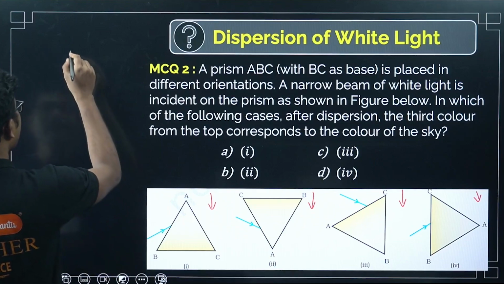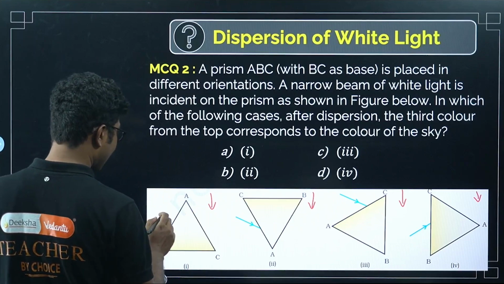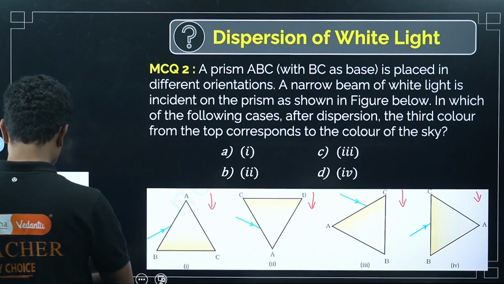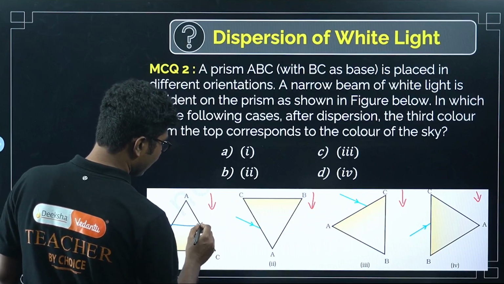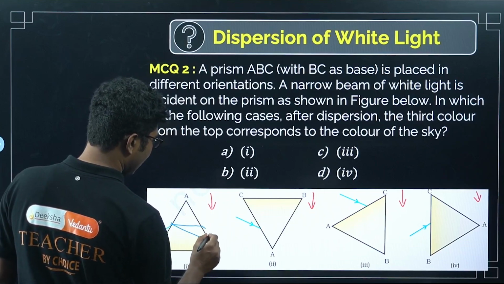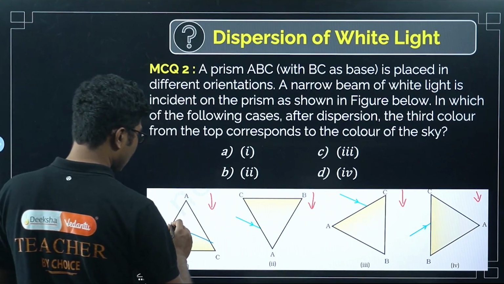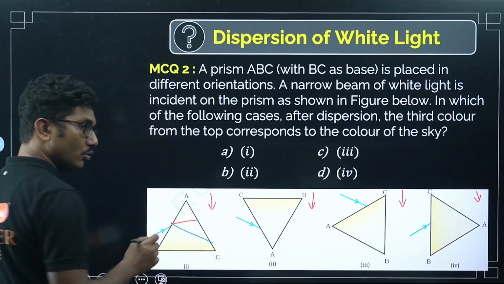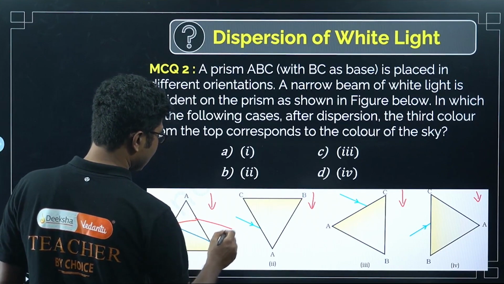That means we know how the image is formed. When you pass light from this side, the light will bend, and violet color bends the most and red color bends the least. So we know that.